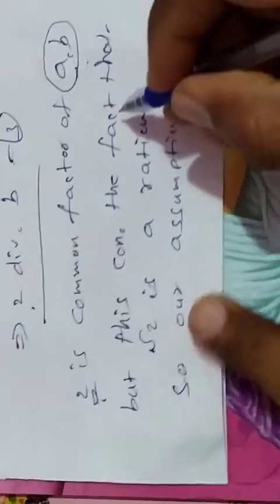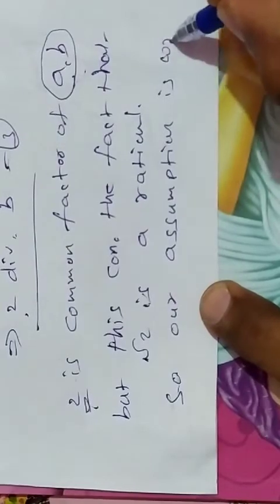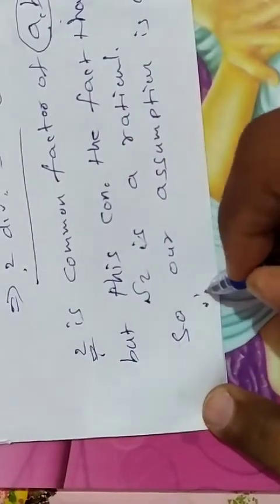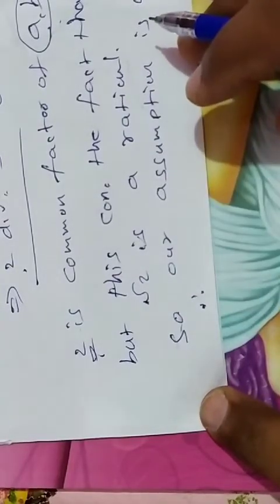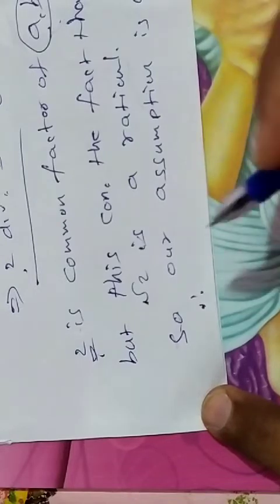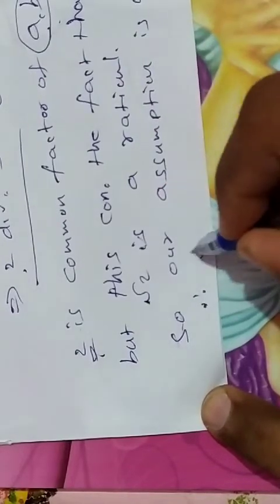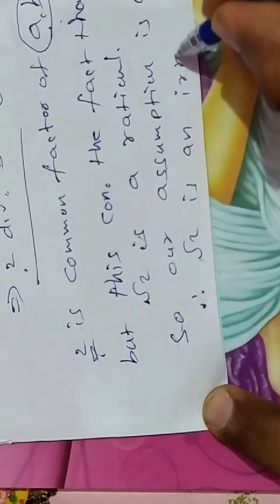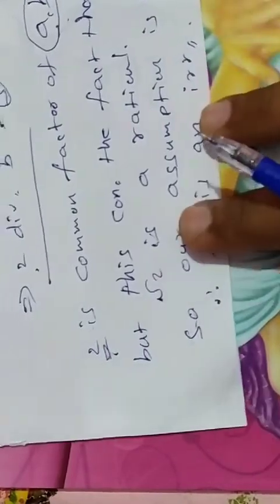Our assumption that root 2 is rational is wrong. If it is not rational, it means it is an irrational. Therefore, root 2 is an irrational. That's it.